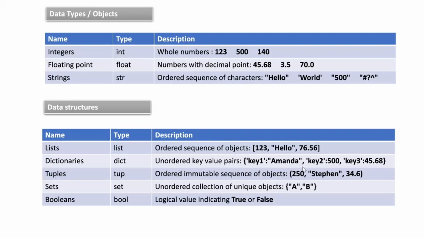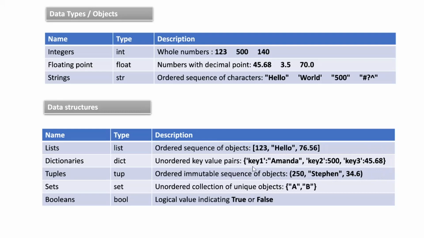Then followed by a comma, we have a second key value pair, key 2 enclosed in single quotation, followed by a colon, then an integer 500. Then again we have a comma, then we have a third key value pair, key 3 enclosed in single quotation, followed by a colon, followed by a floating point number 45.68. And these key value pairs are separated by commas and enclosed in curly braces.